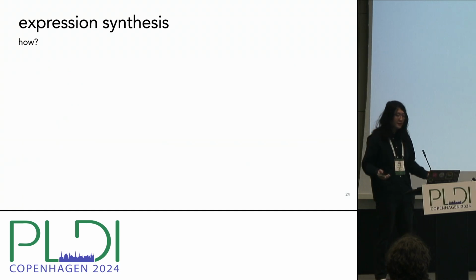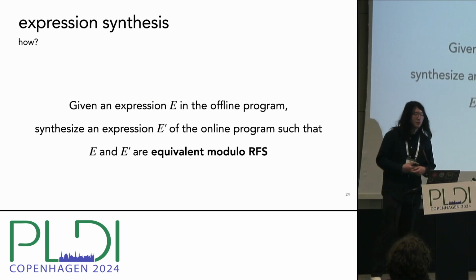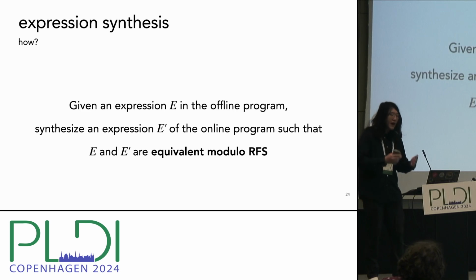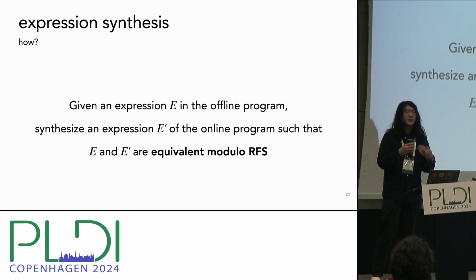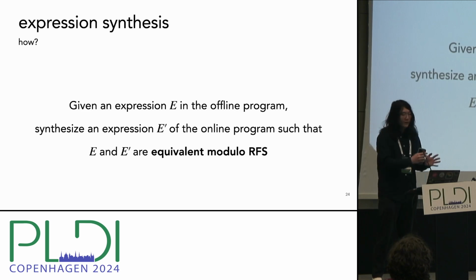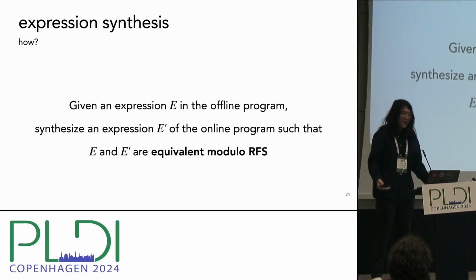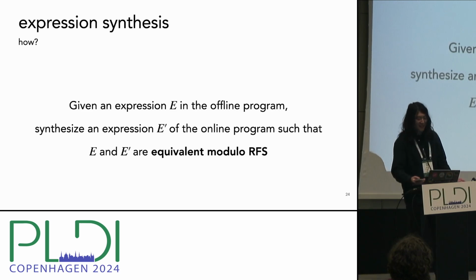So how do we do this? Well, this is based on the following task description. We want to synthesize an expression E prime such that E prime is equivalent modulo RFS to the offline program. So what on earth is equivalence modulo RFS then?